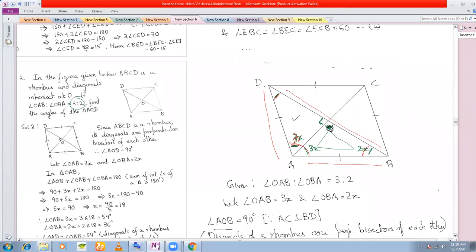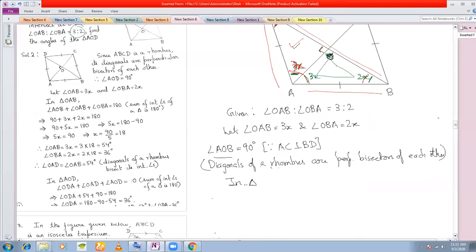You have already found out x. So you know this 3x and this is 90 degrees. So in this triangle, you can find out the third angle. So why get into congruency for no reason? So what we do here is we find out x with the help of this triangle.